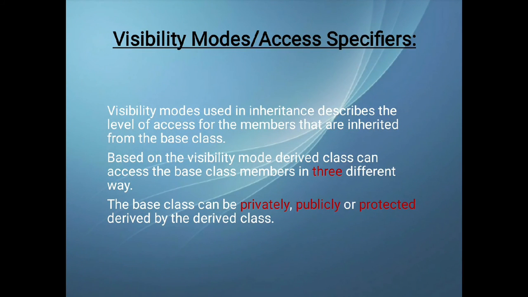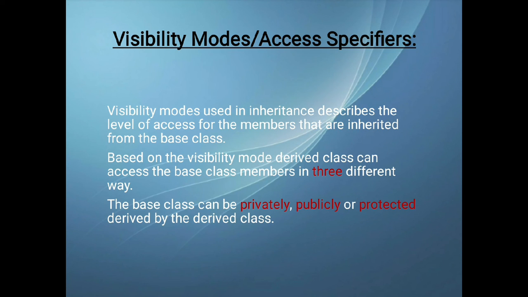Next, we have visibility modes and access specifiers. Visibility modes used in inheritance describe the level of access for the members that are inherited from the base class. Based on the visibility mode, the derived class can access the base class members in three different ways.